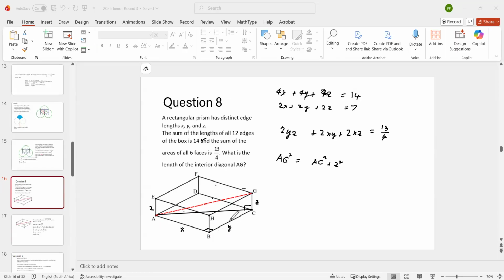So AC is also the diagonal of a right angle triangle, and AC squared is X squared plus Y squared. By Pythagoras applied to the triangle ABC, AC squared is AB squared plus BC squared, because this angle is 90 degrees. So in other words, we need to calculate that.